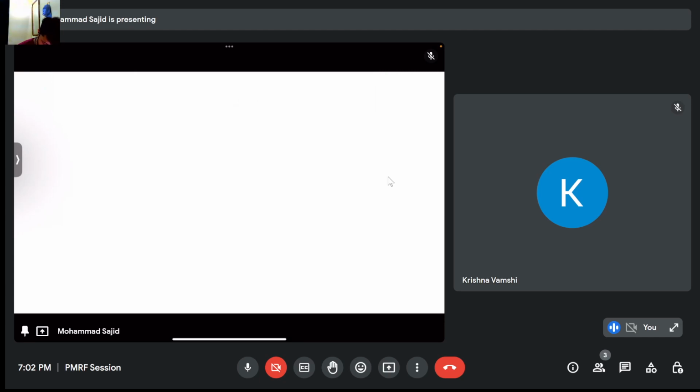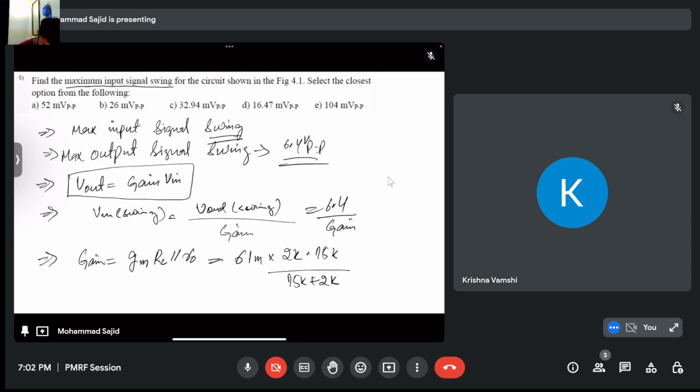Yes, R0 is 75K. Just use the calculator, you will get a gain of, okay, let's just write directly the swing.